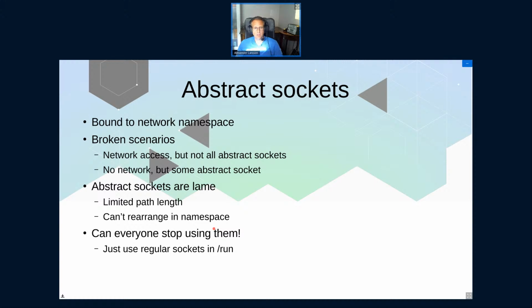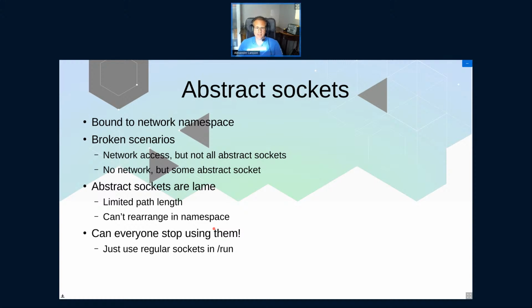Another issue I have is with abstract sockets. They're currently bound to network namespaces, which is kind of, I guess they had to be put somewhere, but it's not really right. Sometimes you want network access, but not to see all the host abstract sockets, and sometimes you don't want to see the network, but you do want some abstract socket. And also abstract sockets are lame.